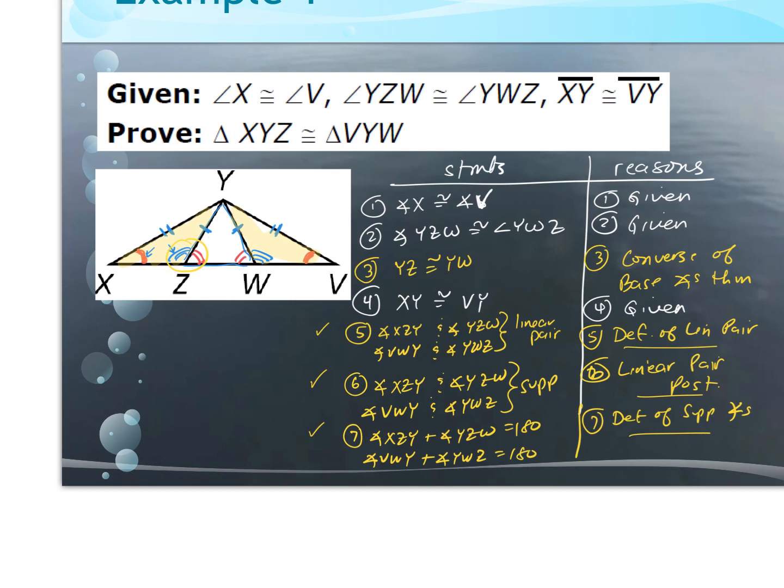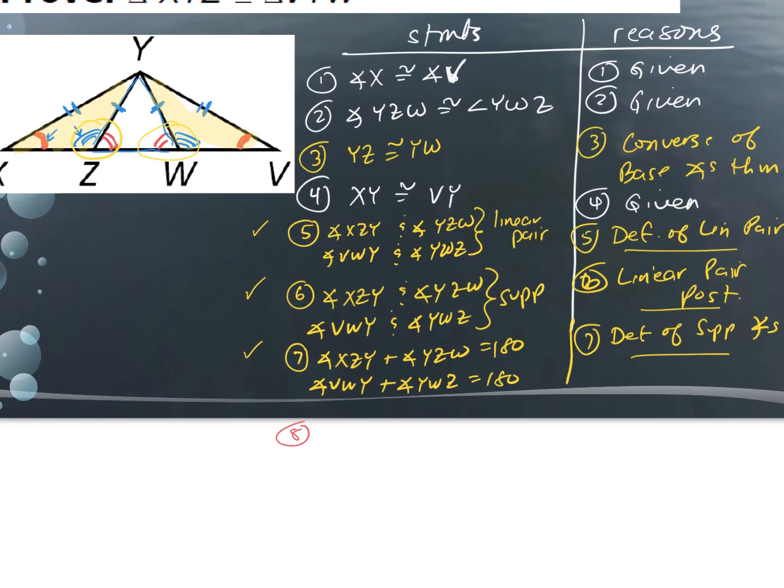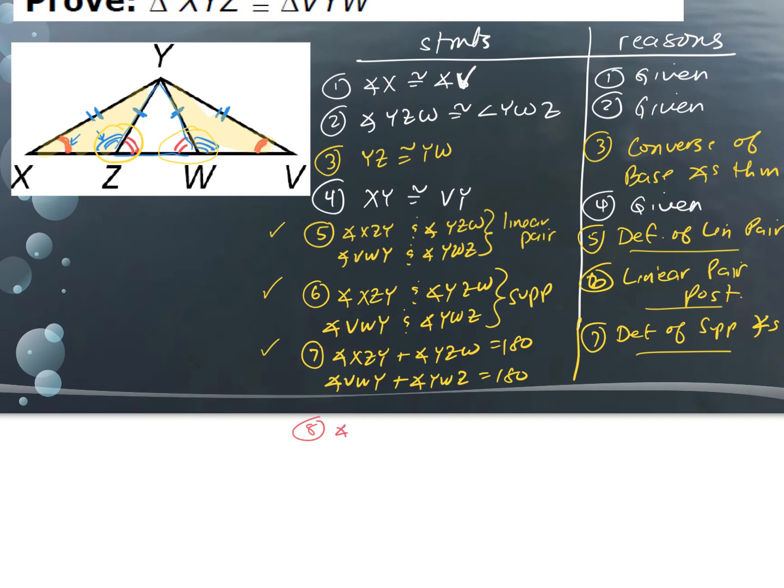So again, now that I was able to set up the supplementary part, now I have to address how I know that they're equal, okay? And so this, again, is going to require a very structured order. So let me change colors. Let me go to number 8. Basically now I'm going to take those two equations that equaled 180 and make them equal each other.